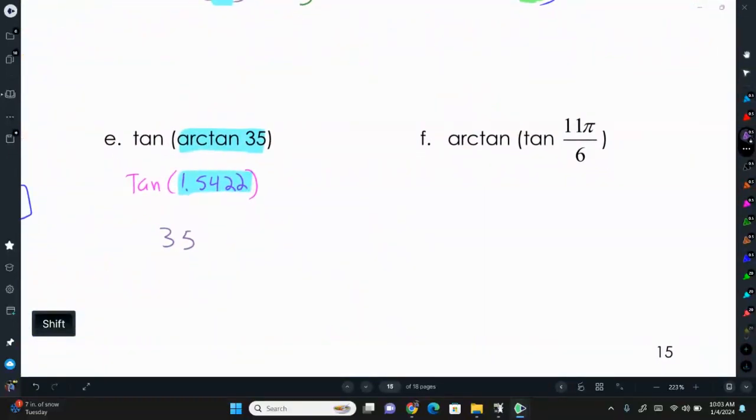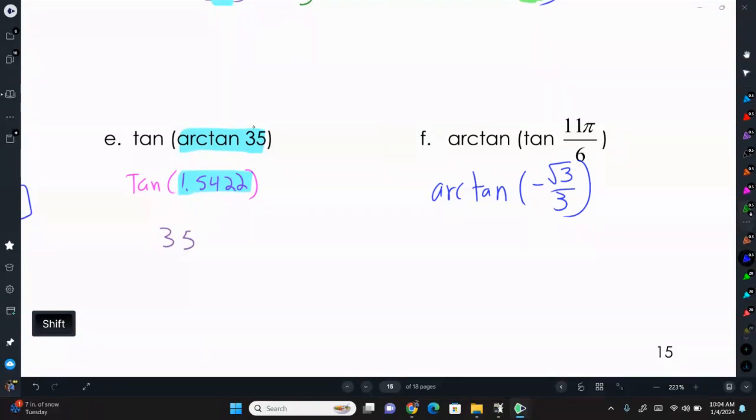But now here we have the arctangent, so the inverse tangent of the tangent of 11 pi over 6. Again, we can't just cancel off that and say it's going to be 11 pi over 6 necessarily. So it's going to be the arctangent, and the tangent of 11 pi over 6 is the negative square root of 3 over 3 coming from the unit circle.